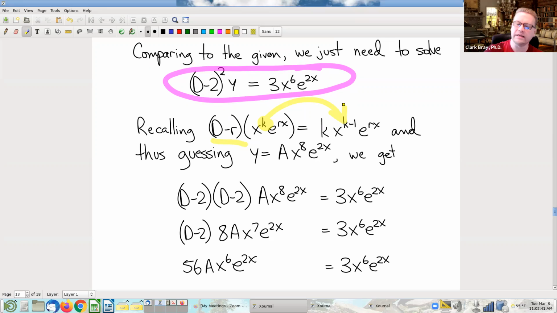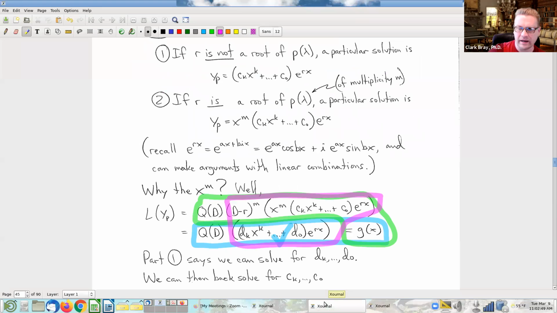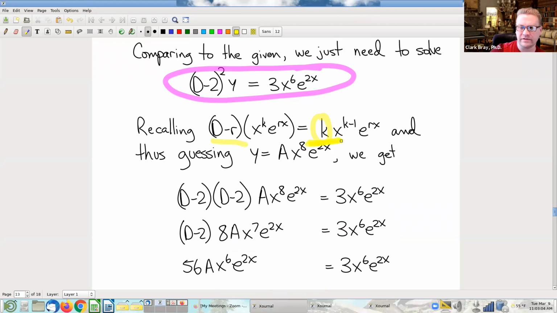And then annoyingly, it messes with our constants, right? There's also this k out here. Ultimately, this is the explanation for why we can back solve for these c's. I claim that these constants are not going to be the same as these constants, and that's because of these factors of k here. We're going to see that in action now, right?